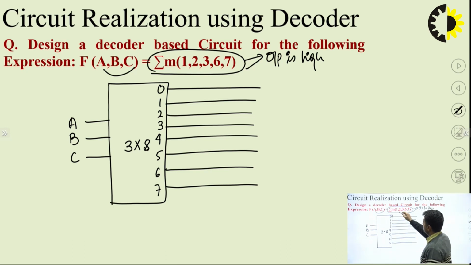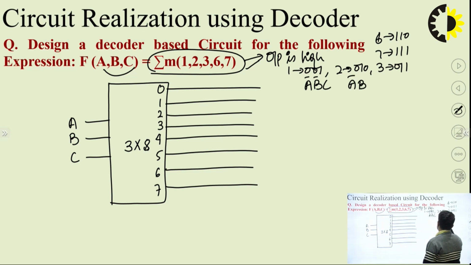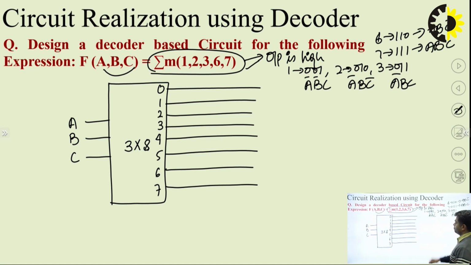If I refer to them as canonical terms, then 1 is equivalent to 0, 0, 1, 2 is equivalent to 0, 1, 0, 3 is equivalent to 0, 1, 1, 6 is equivalent to 1, 1, 0, and 7 is equivalent to 1, 1, 1. Which is ultimately equivalent to A bar B bar C, A bar B C bar. Similarly this one A bar B C. For 6 it will be A B C complement. Here it will be A B C.